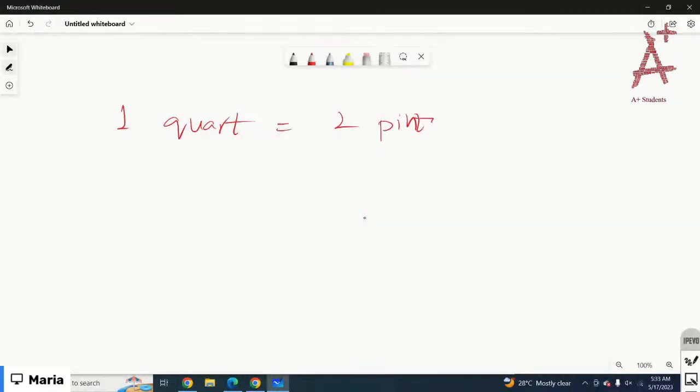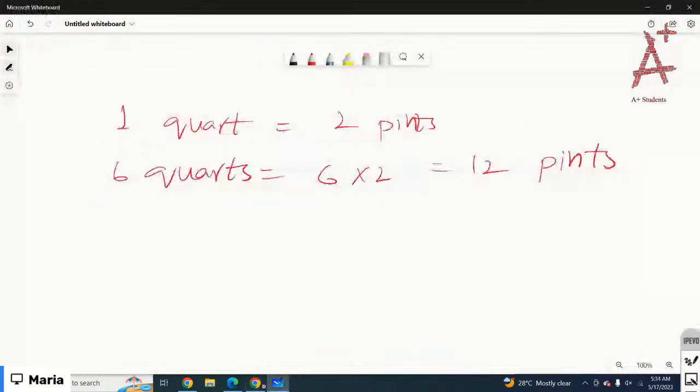So we have 6 quarts, which means we have to do 6 times 2. That equals 12 pints. And the price is 7.80, so just divide 7.80 by 12. It would be 0.65. The correct option is 0.65. Got it?